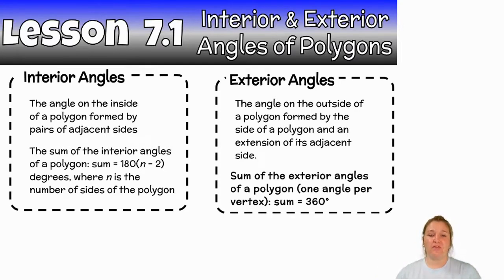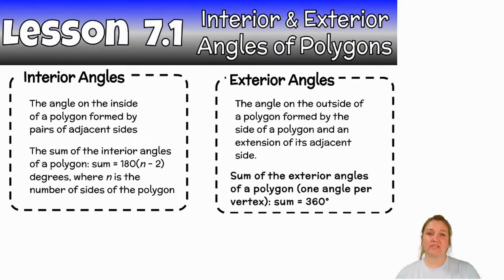So if I have a polygon with 5 sides, then I would have 180 times 3. So that's how I would determine the sum. I can also go from there and find out an x or something like that in our examples, and you're going to see that here.